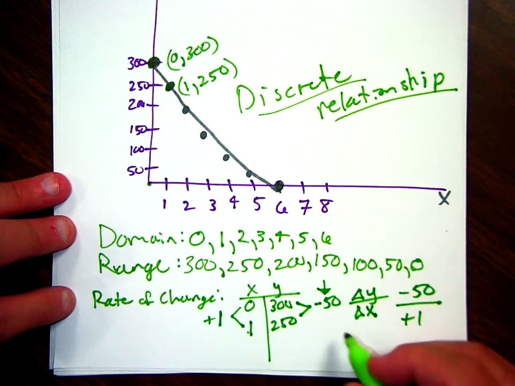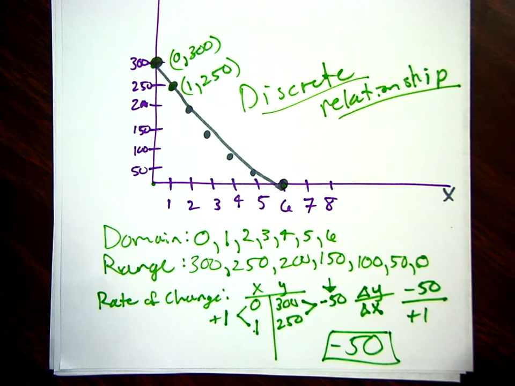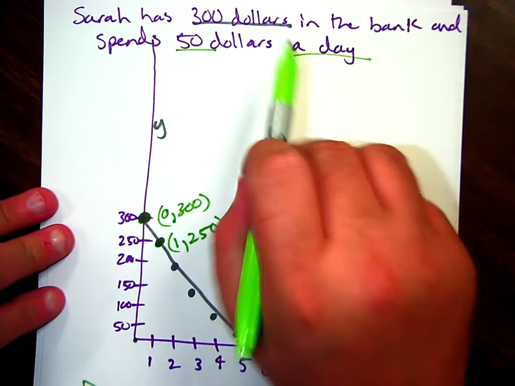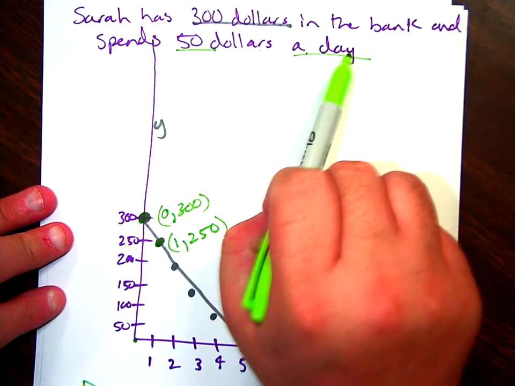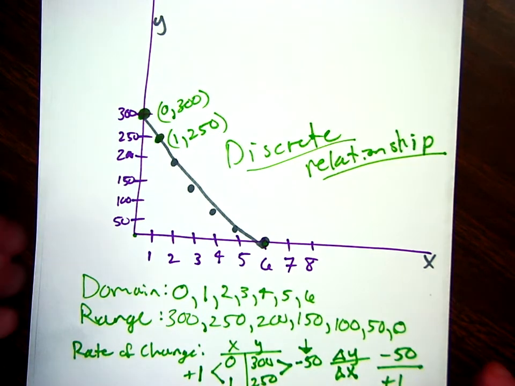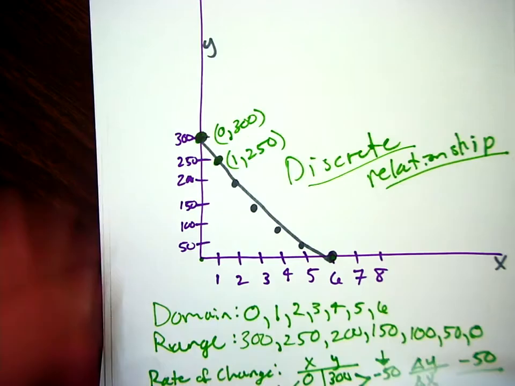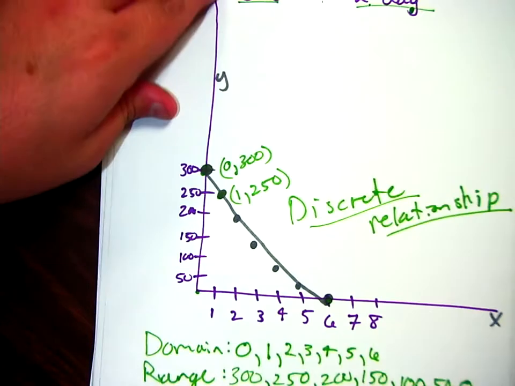So our slope, or rate of change, is going to be negative 50, because we're losing $50 per day. She spends $50 every day, so it's negative 50. All right, so we've done domain, range, rate of change.